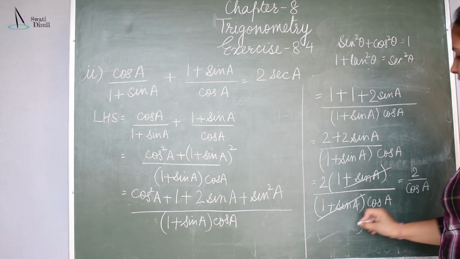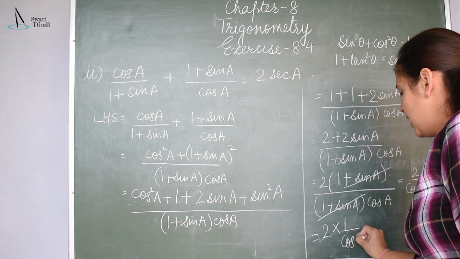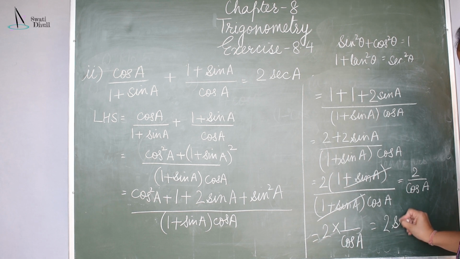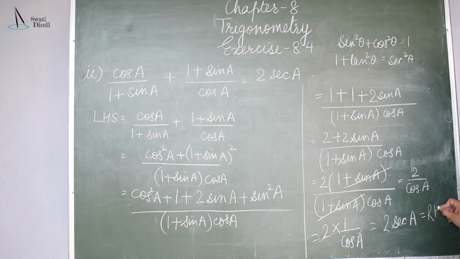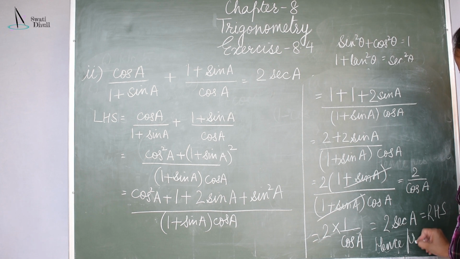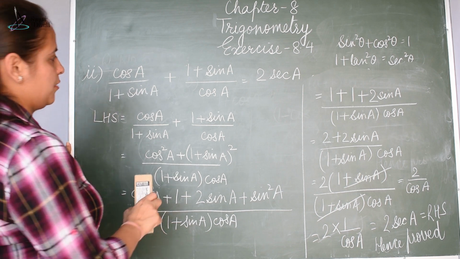And I can write this as 2 into 1 by cos A, and 1 by cos A is secant A. And RHS is also 2 secant A. So LHS is equal to RHS, hence proved. This is how we have to prove this part.